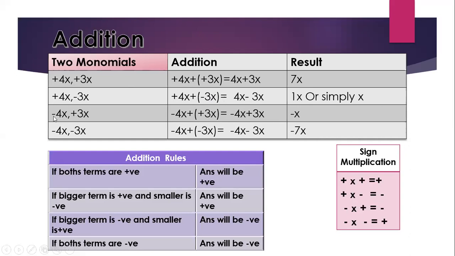Now, when the negative sign is with 4, then minus 4 plus 3 is not equal to 1. It is equal to minus 1. Remember that when the negative value is greater, the answer will be negative. When the positive value is greater, the answer will be positive.